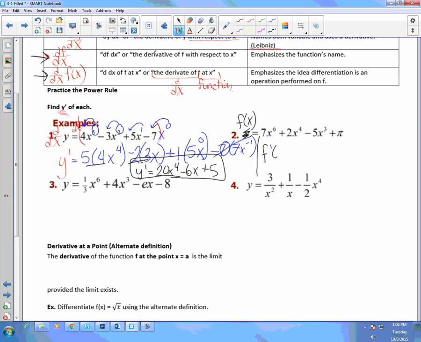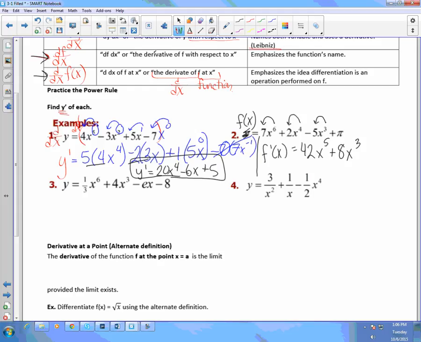f prime of x equals, take the 6 and multiply it to the 7. What is 6 times 7? 42. x to the what power? 5. Plus, take the 4, multiply it in front. What do we get? 8. So the power always multiplies in front, and then they decrease, so instead of x to the 4th, it's now x to the 3rd. Negative 5.